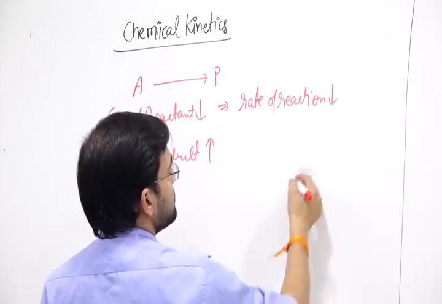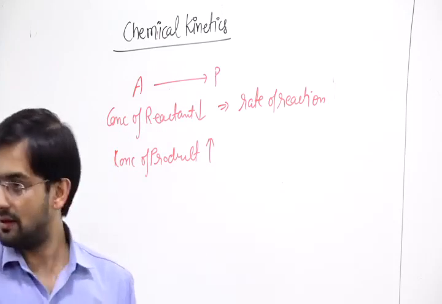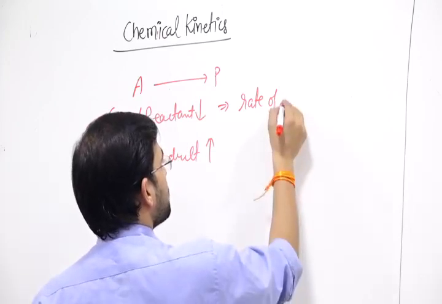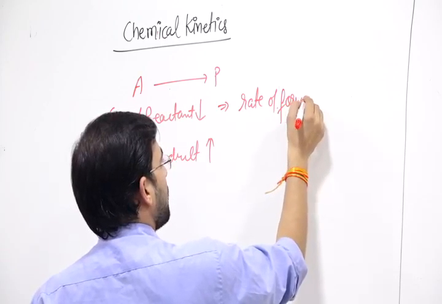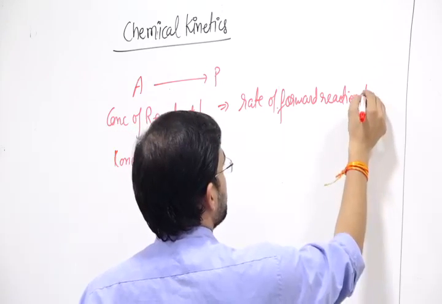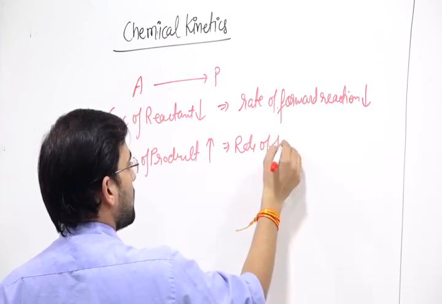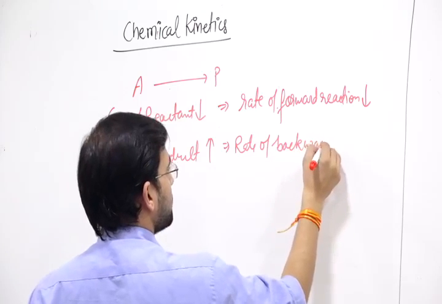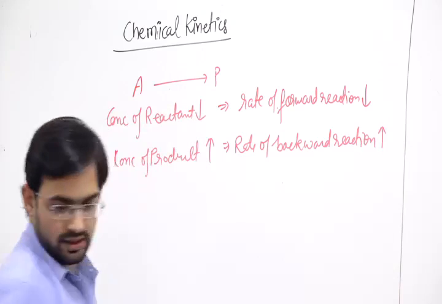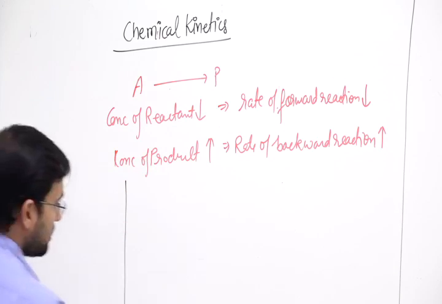Which reaction? Rate of forward reaction decreases, whereas rate of backward reaction increases. Now, as you have this, I can draw a graph.